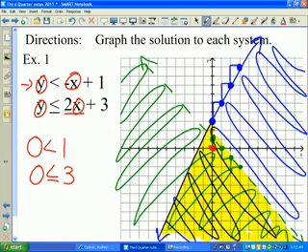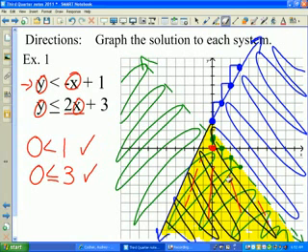So 0 is less than 1. Is that a true statement? Yes, it is. Is 0 less than or equal to 3? That's a true statement as well. So as long as you can come up with a true statement for both inequalities, that means all the points in this shaded area are going to be true.